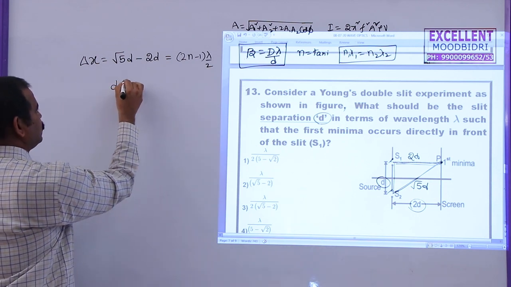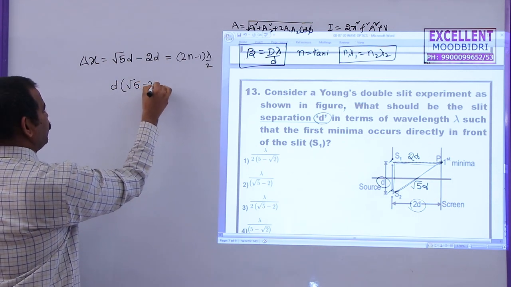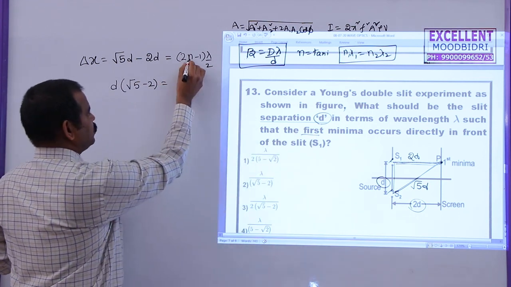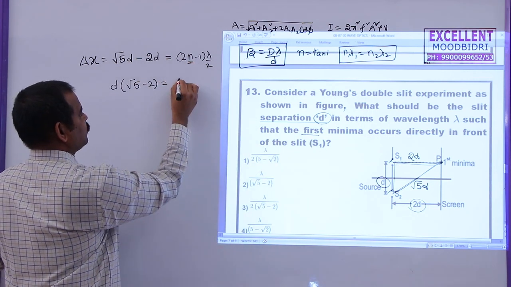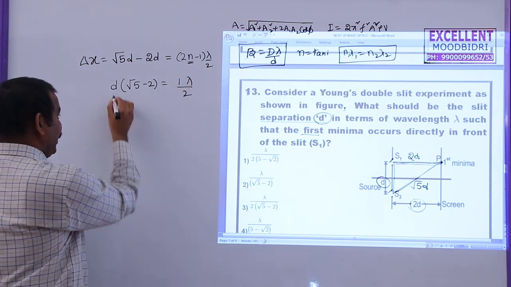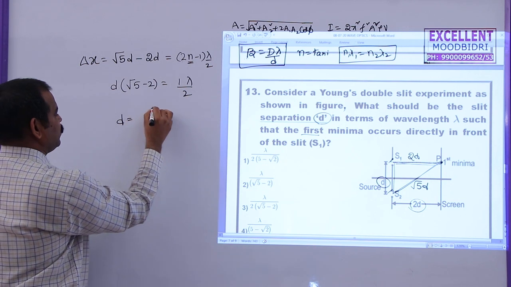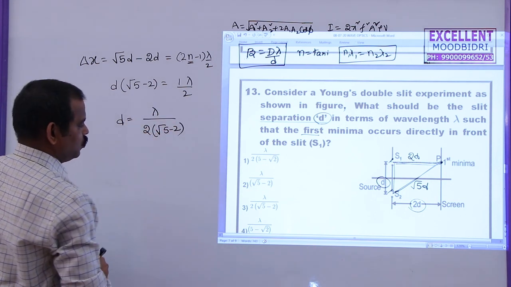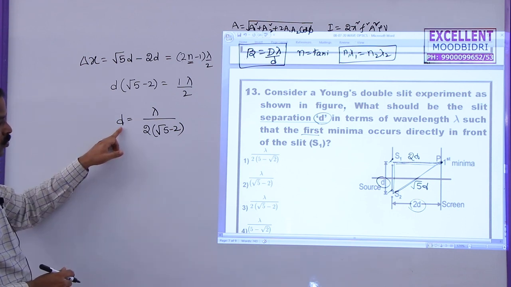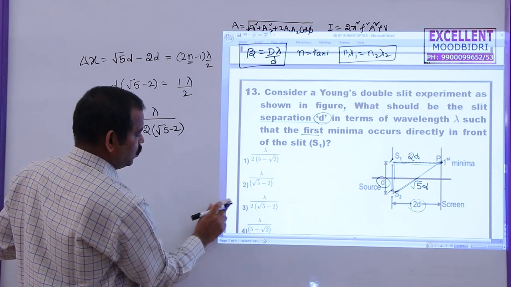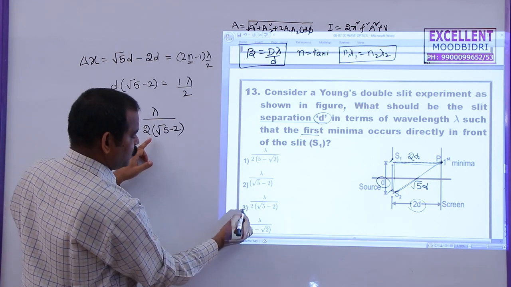You can take this d common, root 5 minus 2 is equal to, here it is first minima, therefore n is equal to 1, 2 ones are 2 minus 1, 1 into lambda by 2. I need small d here, which is given by lambda by 2 of root 5 minus 2. So the distance between the two slits is lambda by 2 (root 5 minus 2).